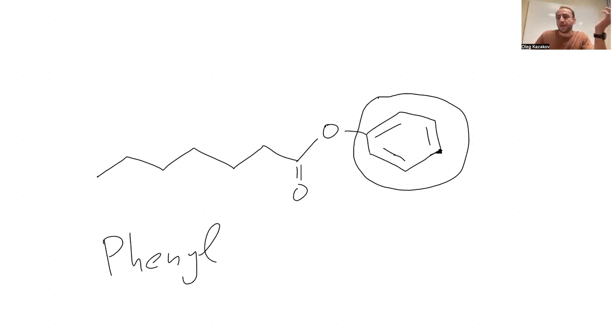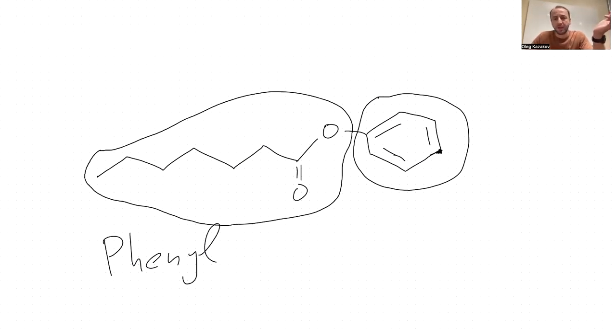So phenyl. Then we're going to take a look at the acid that was presumably used to synthesize this ester. So the acid is here, right? That's the one. If you imagine this big blob without phenyl, but with an H here, you will get the respective carboxylic acid.